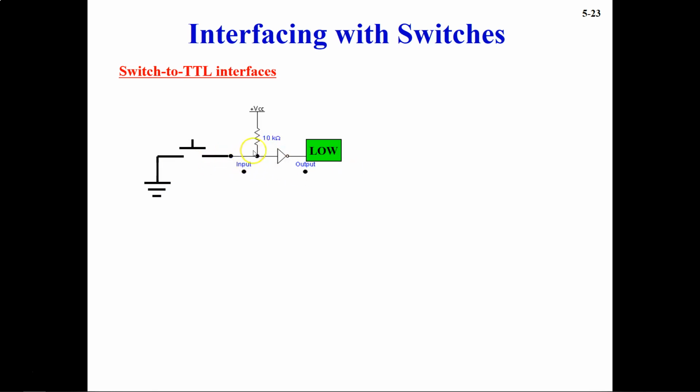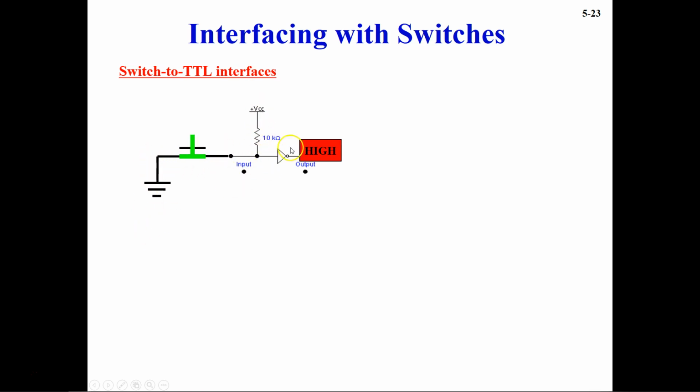So just imagine, if the input is low, then what will happen? Your output is going to be high. Okay, so let's see that. So the switch is connected. Now in this case, what will happen? Your 5 volts VCC is directly going to go to the ground. So this is the shortest path it is going to cover.